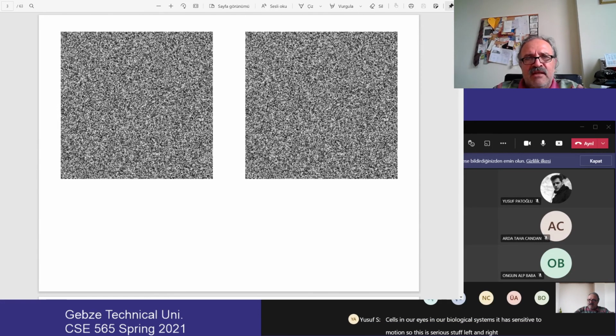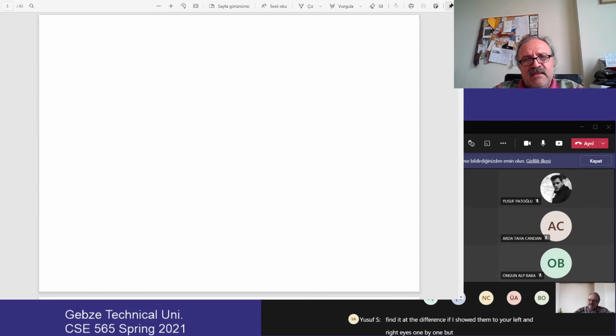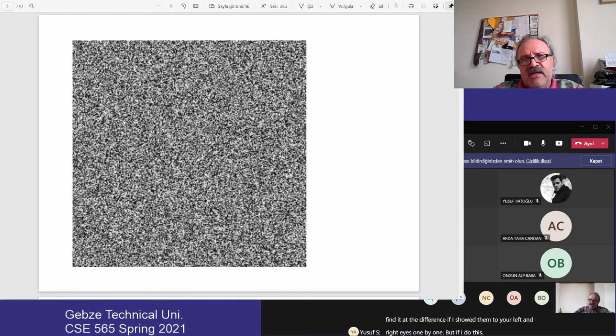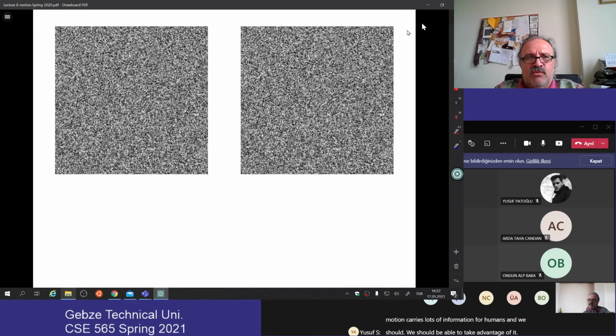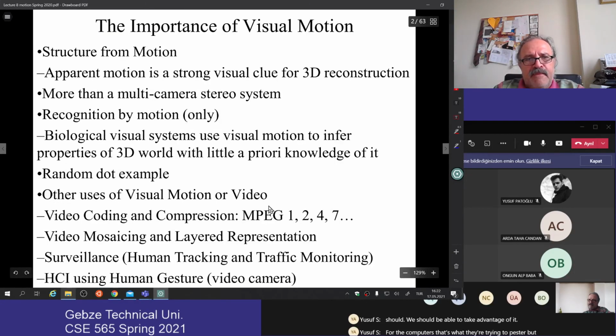Maybe you can find the difference if I show them to your left and right eyes one by one. But if I do this, one after the other, definitely I can see the movements. So the motion carries lots of information for humans, and we should be able to take advantage of it for the computer. So that's what I'm trying to say. Okay, so that's the random dot example.